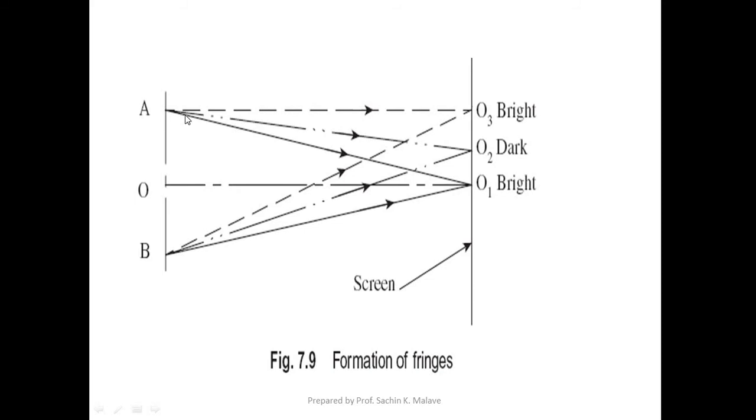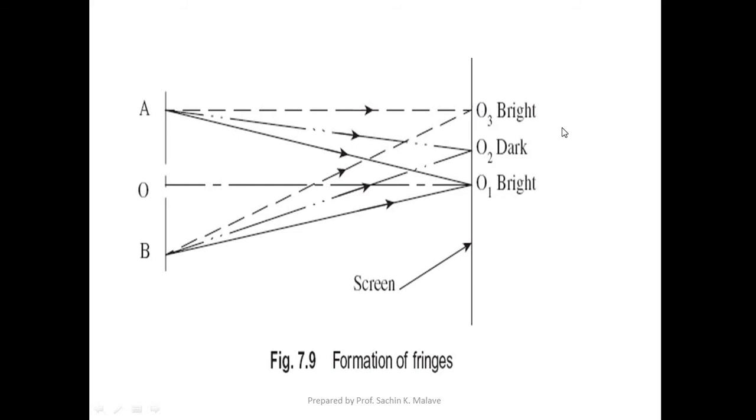That value will be expressed in terms of the wavelength of that particular light. If that path difference is in even multiples of lambda by 2, then you are going to get a bright spot.